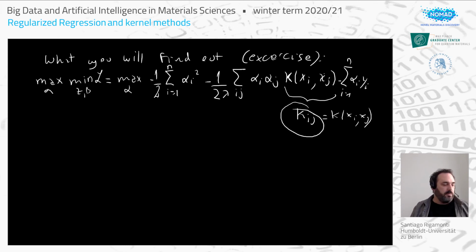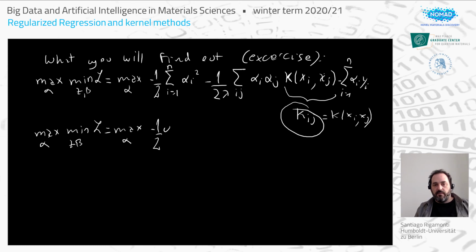This kernel matrix will be useful because now we can write the minimax problem like this: max over alpha, min over beta of the Lagrangian is equal to the maximization with respect to alpha of minus 1/2 alpha transpose alpha, minus 1 over 2 lambda alpha transpose K alpha, minus alpha transpose y.